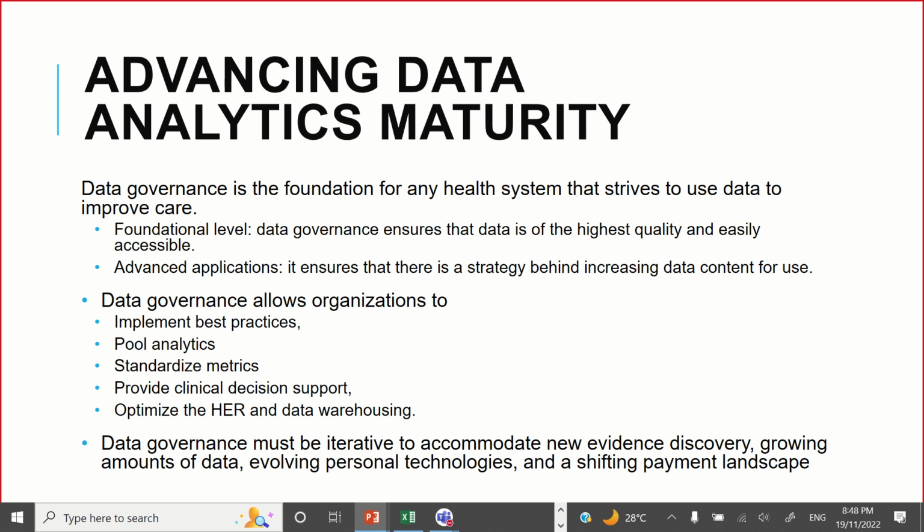And the idea is that you're always reviewing and revising practices, data, and so on, to make sure that you are always adding new evidence discovery. So your metrics can change. For example, if you have a new evidence, you could start looking at different metrics than the ones you were using before. You might have additional amounts of data that requires additional breakdown or more advanced data warehousing.